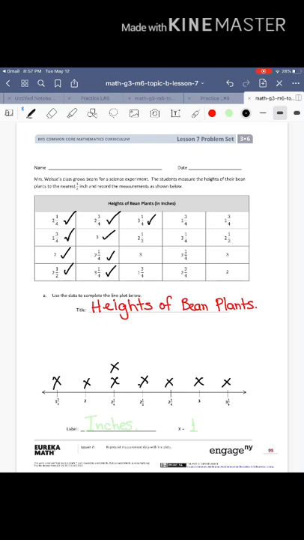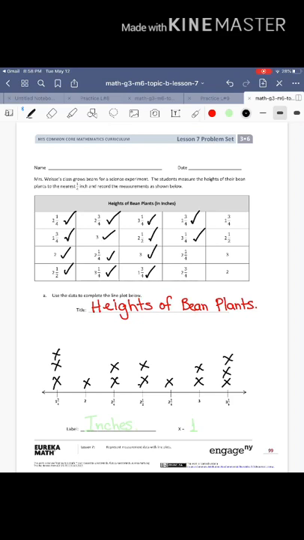3 and 1/4. 2 and 1/2. 3. 1 and 3/4. 1 and 3/4. We have one more. 3 and 1/4.